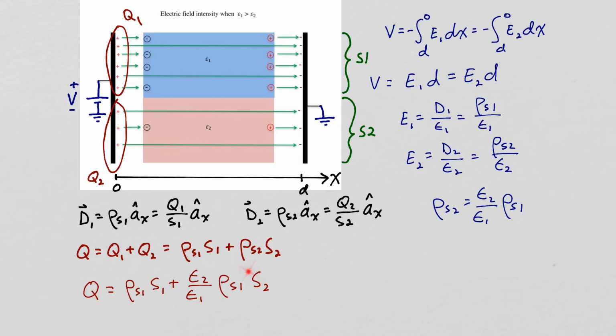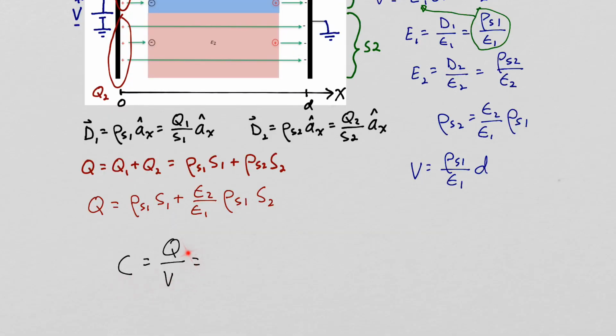Now that we have Q based on rho sub S1, let's obtain the voltage based on rho sub S1 so that we can divide our charge by our potential and get the capacitance of our structure. So let's substitute this term right here for our electric field intensity in material 1. We obtain our voltage then is equal to rho sub S1 over epsilon sub 1 times D. So our capacitance will be the ratio of our charge to our voltage across our capacitor.